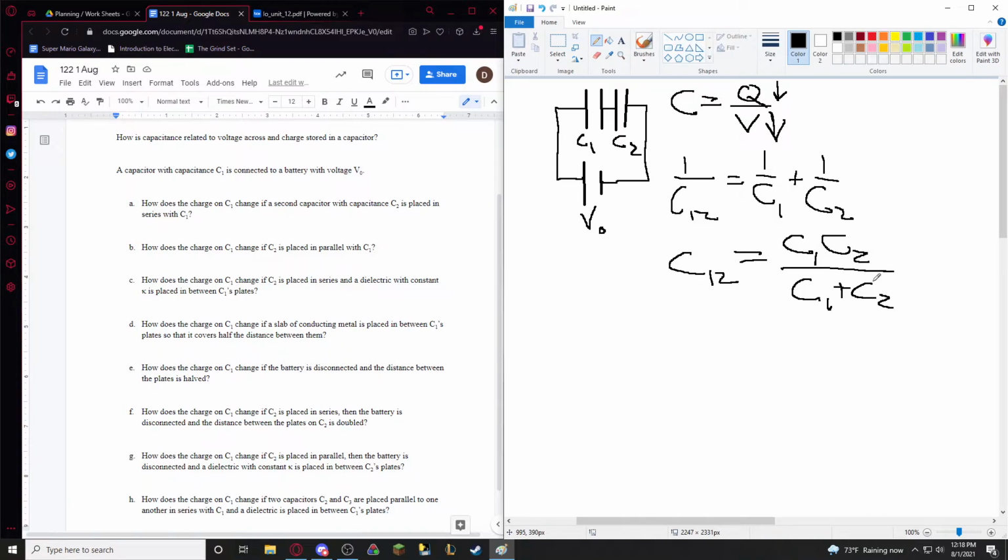I just think that's a neater way to put it. And then what I would think about is potentially writing some sort of a ratio of C1 to the total capacitance C12. Okay. So where would we go from there?